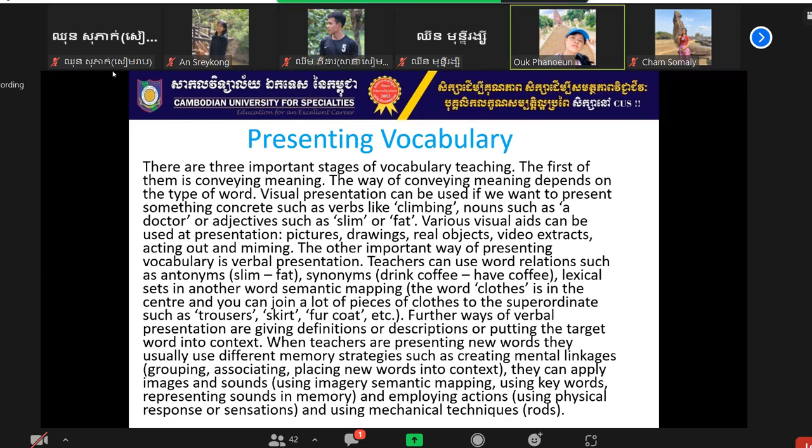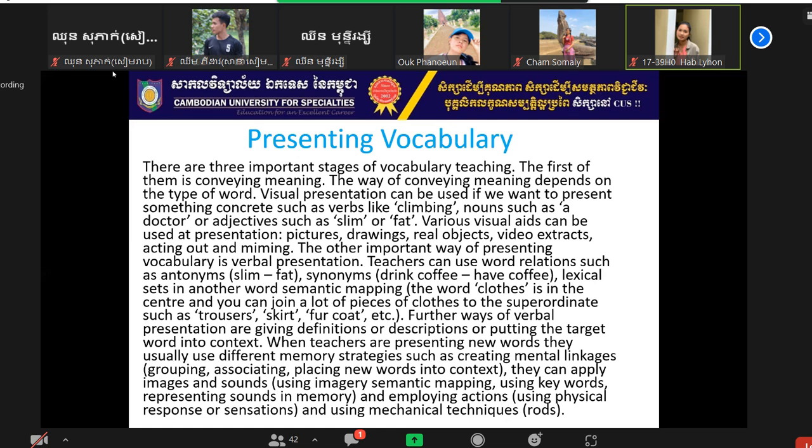The word clothes is in the center, and you can join a lot of pieces of clothing to it as subordinates, such as trousers, skirt, frock, coat, etc. Further ways of verbal presentation are giving a definition or description or putting the target word into context.